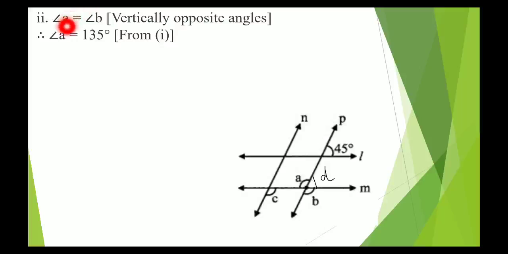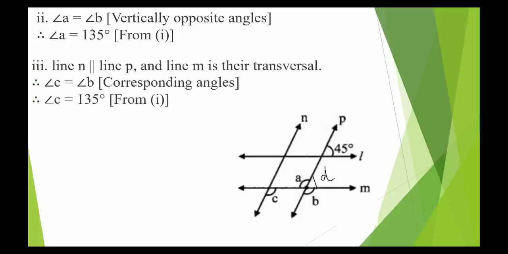Angle A is equal to angle B, vertically opposite angles. Therefore angle A will be 135 degrees. Now line L is parallel to line M, and N will be our transversal.